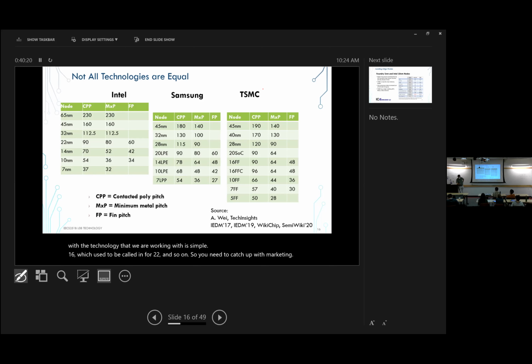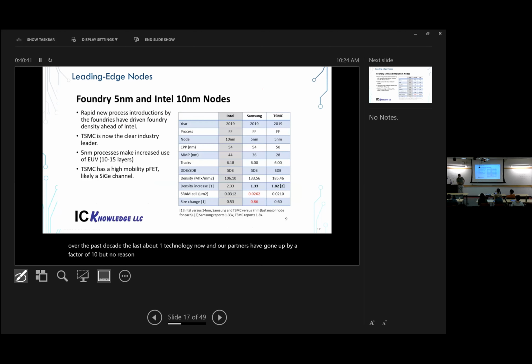But the other consequence is that the density is not exactly what it's supposed to be, and we have lost about one technology. It's not terrible. Over the past decade, we've lost about one technology node, and our power densities have gone up by a factor of 10. But no reason to panic. They're going to convince you later on.